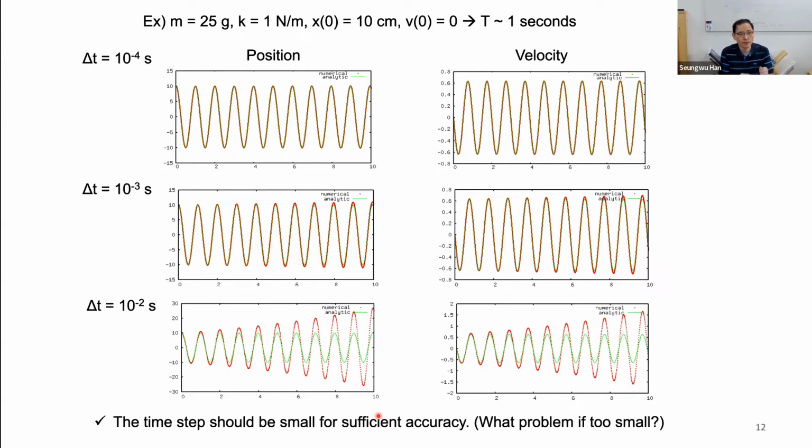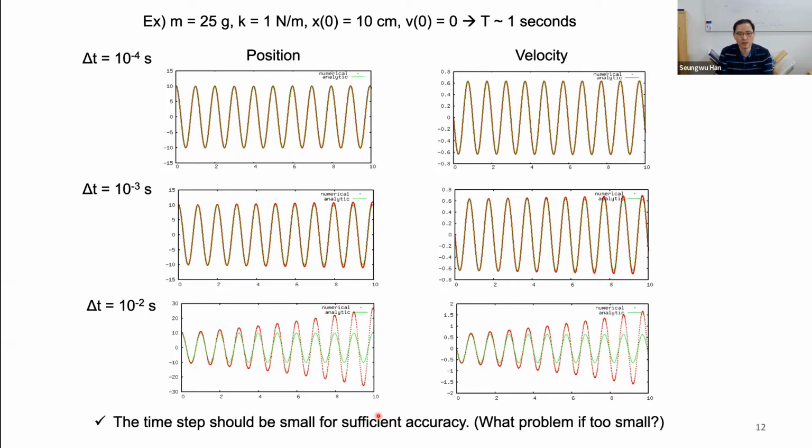For example, if your delta t is 10 to the minus 6 seconds, then just a 1 second simulation requires 1 billion time steps, which is a huge computation, right? So there should be a trade-off between the small time step with high accuracy and the large time step with high speed.